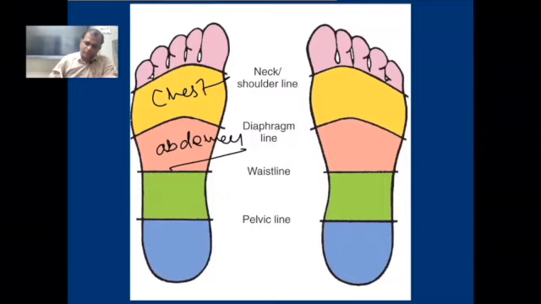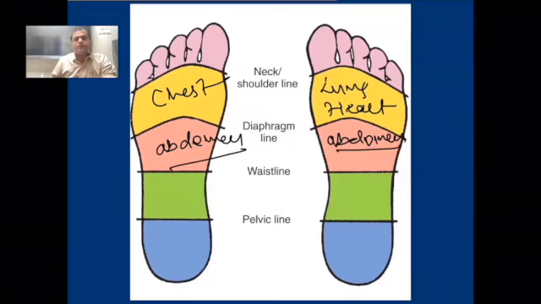Definitely the lungs and heart we will get here, all the organs found in the chest cavity will be available here, and all the organs of the abdominal cavity will be here. Like in the abdomen we have the stomach, liver, gallbladder, and all the abdominal organs.